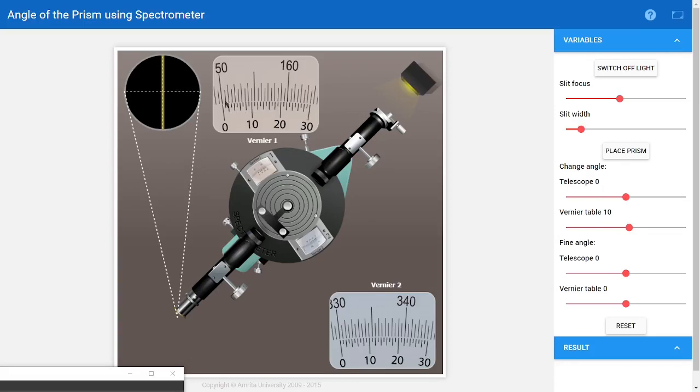Suppose while measuring, our value is in between 150 and 150.5, and suppose our scale coincides with this part. What is the exact value of this? Should I take 150 or 150.5? So there will be an error.